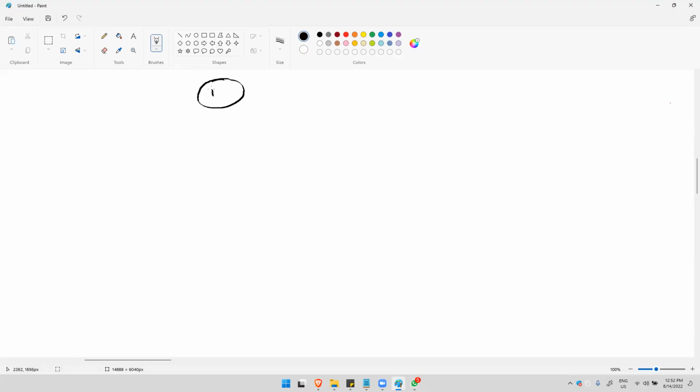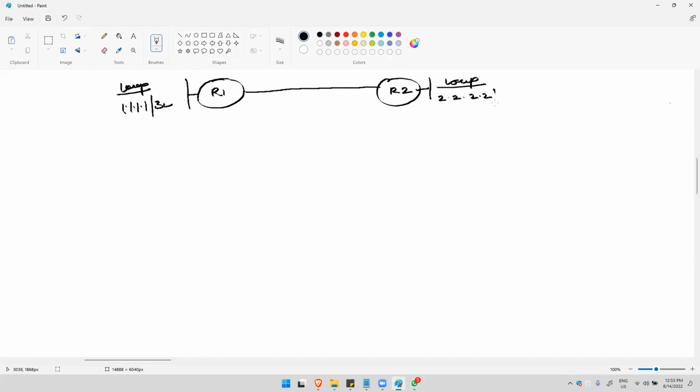This one is router 1, and on its LAN side we use, for example, loopback 1.1.1.1/32. Router 1 is connected with router 2. On this side we have a loopback as a LAN network, 2.2.2.2/32.